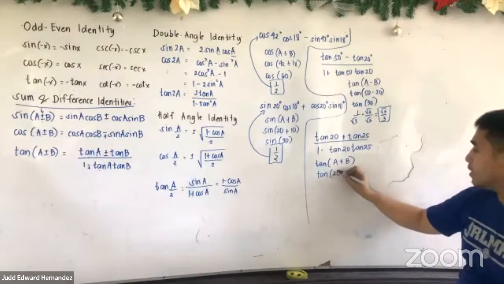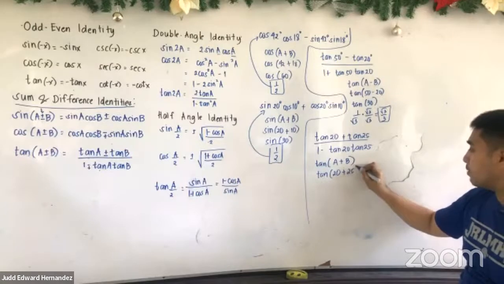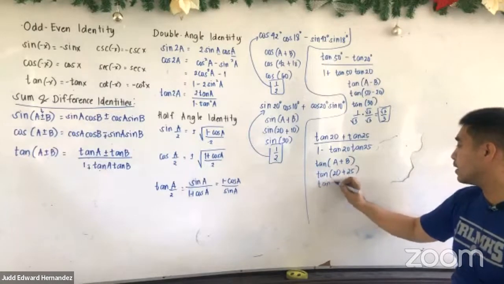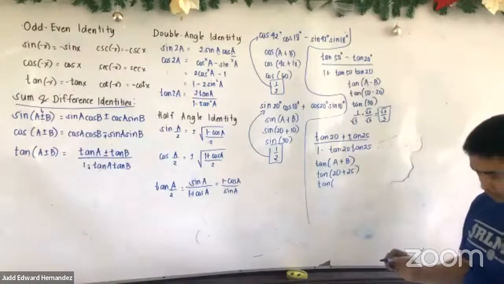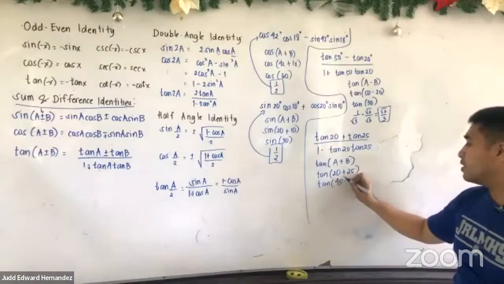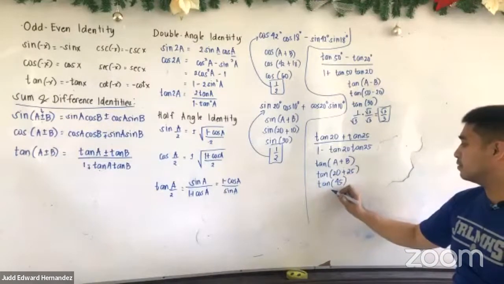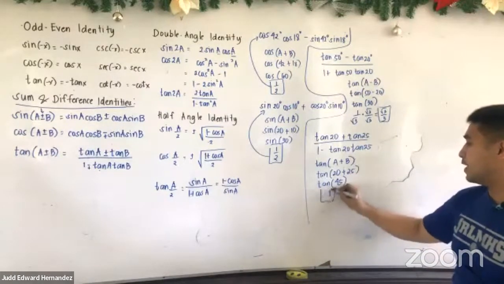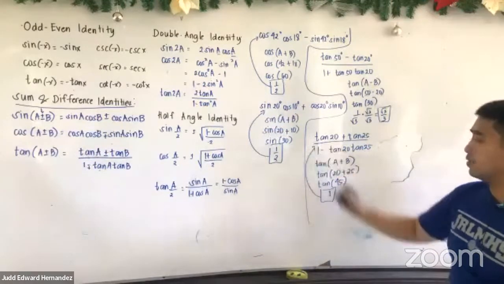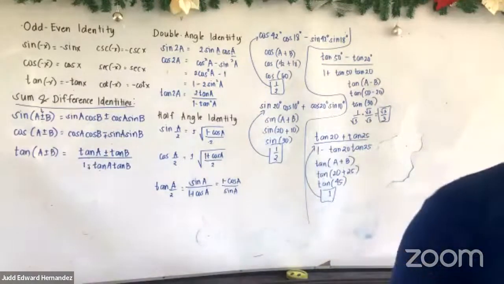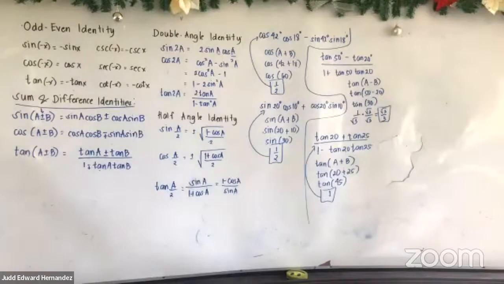Our A is 20. Our B is 25. And what is 20 plus 25? 45 po. And what is tangent 45? 1 po. 1 is the correct answer. And that is how we do it. Is this clear? Maliwanag po ba yon? Yes po.